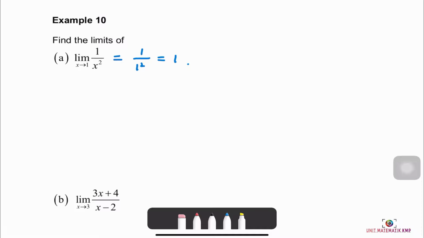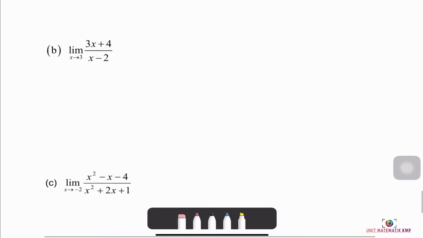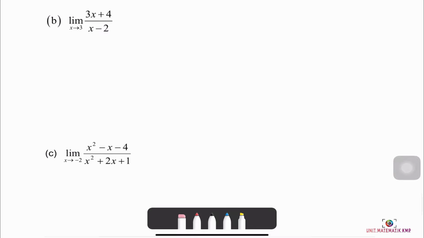Then example B, we have the limit of (3x plus 4) over (x minus 2) when x approaches 3. So we substitute. We have 3 times 3 plus 4, over 3 minus 2, and the final answer is 13. This is example B.